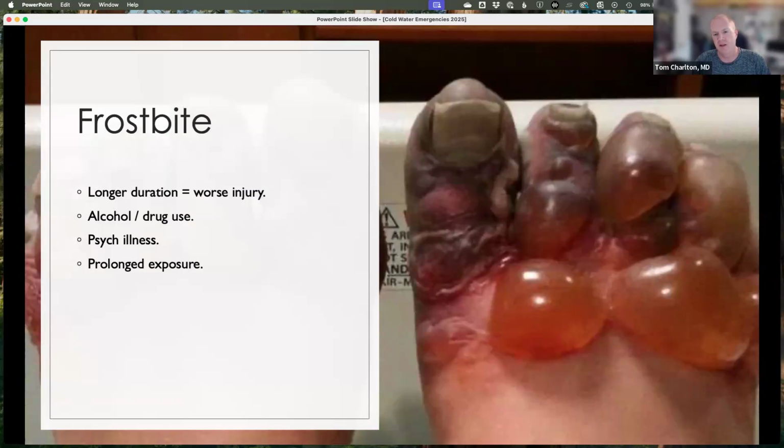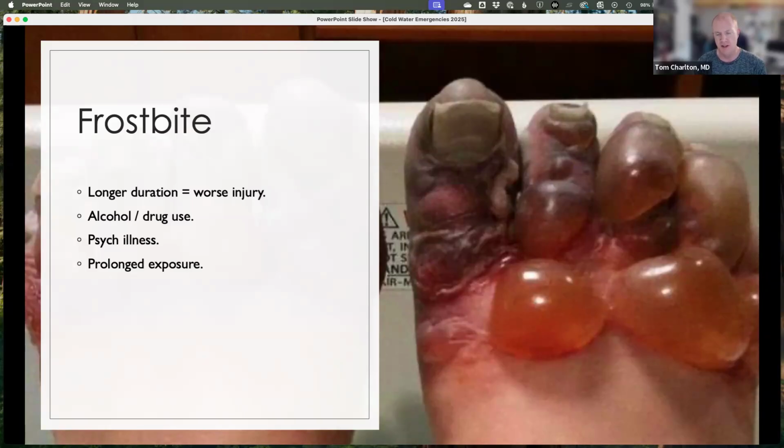Frostbite, unfortunately, is the progression of all of this to where the tissue is now actually freezing itself. Frostbite occurs because as water freezes, it forms ice crystals. And inside cells, those ice crystals are like a million different daggers kind of stabbing outside the cell and breaking up that cell membrane.